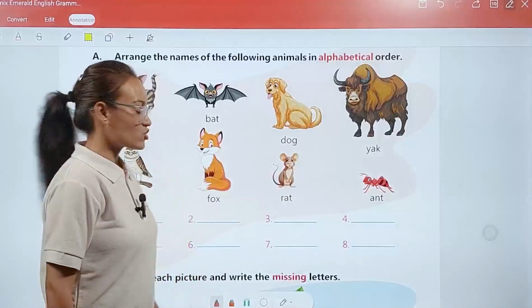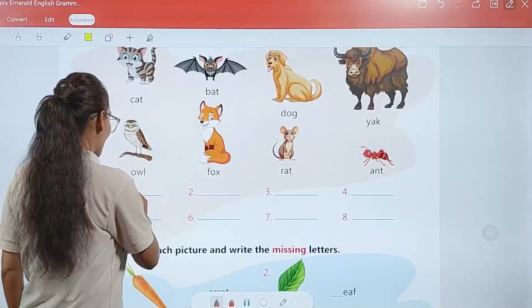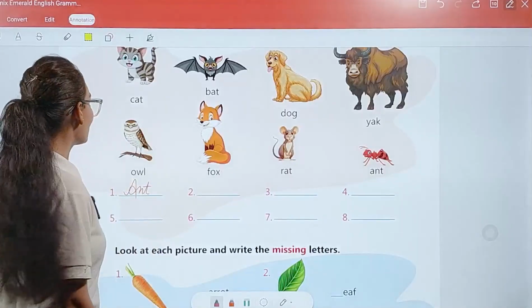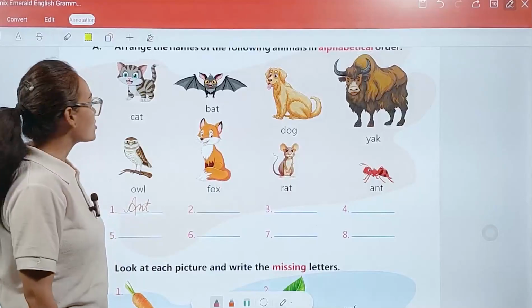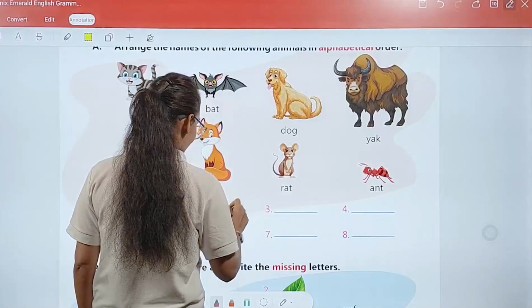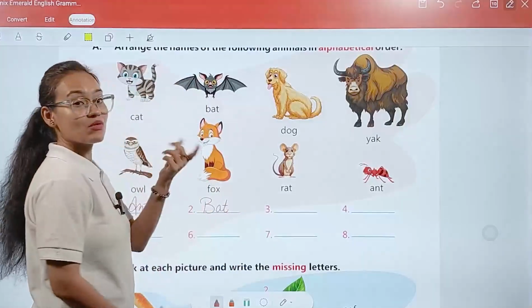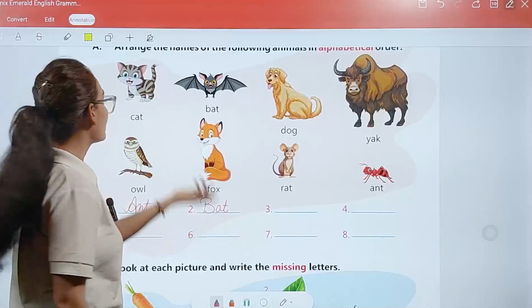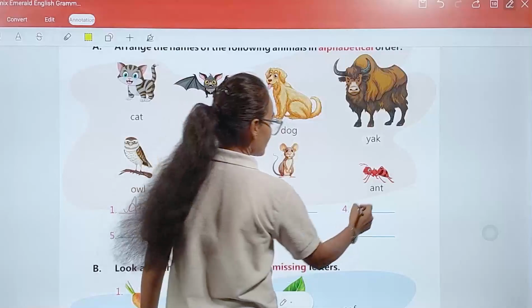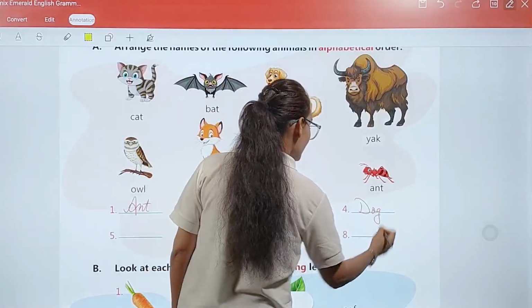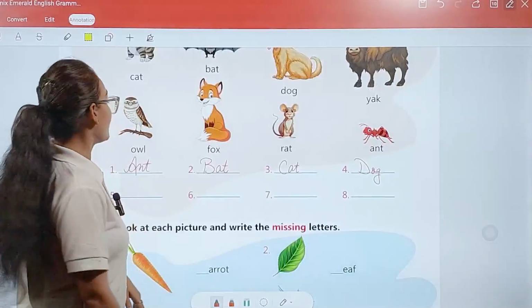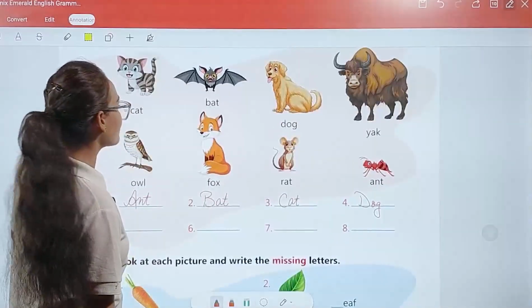Ant. So first of all, in number 1 you are going to write ant. Now the second one after A, B. So B, bat. Now after B, which alphabet do we have? C. So C for cat. Then D, D for dog. Then after D we have E. Do we have any animal whose name starts with E?